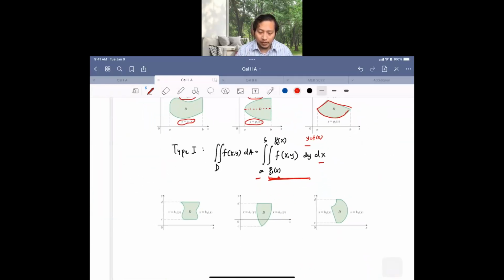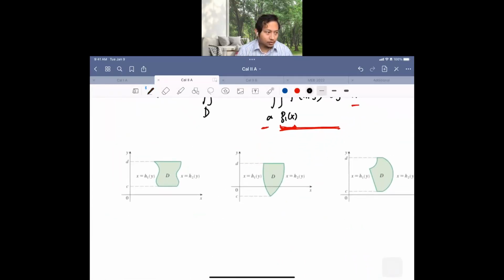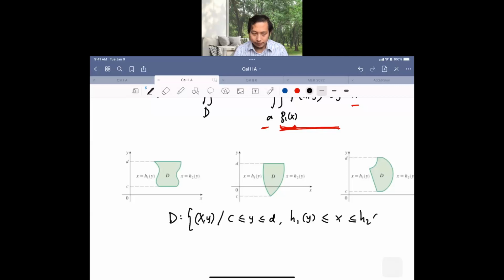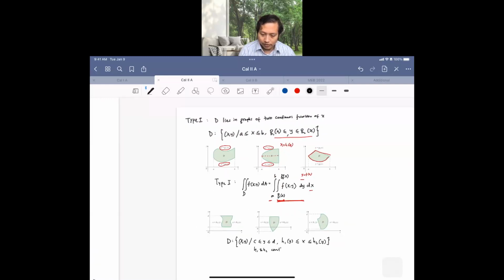Now if we have here that D will be such that y is between c and d, and we have h1 and h2 for x, it should be h1(y) and then h2(y), where h1 and h2 are continuous. So this is a function of x.